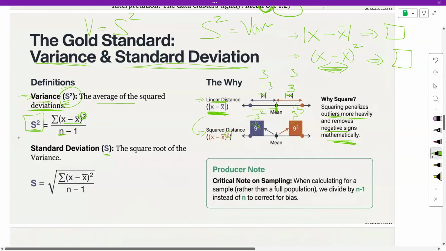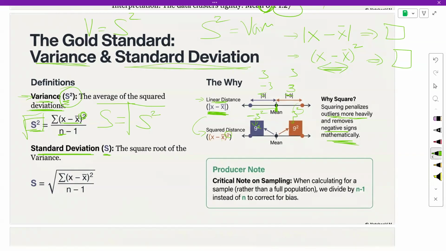And if we find the square root of this, it becomes the standard deviation. The square root of the variance is s, and this s is the standard deviation. Simply people say the square root of the variance is equal to the standard deviation.